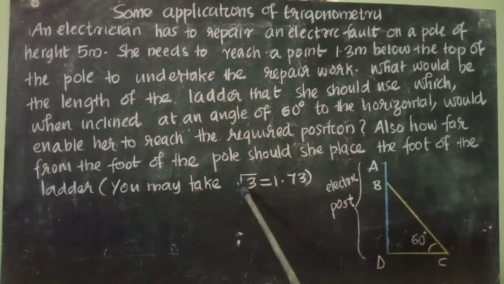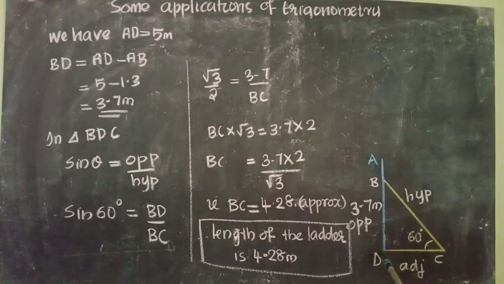Here, one more idea is given. You can use the value of root 3 equal to 1.73. So, let us take the ratio and solve the problem. In the figure, AD is the post with the height 5 meter. The electrician has to reach 1.3 meter below the top of the post.